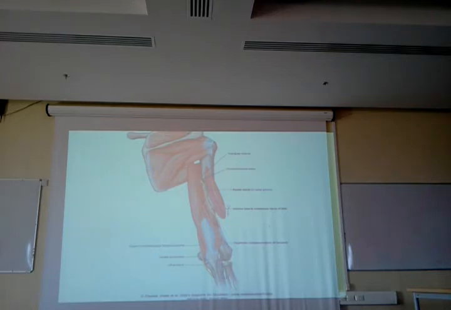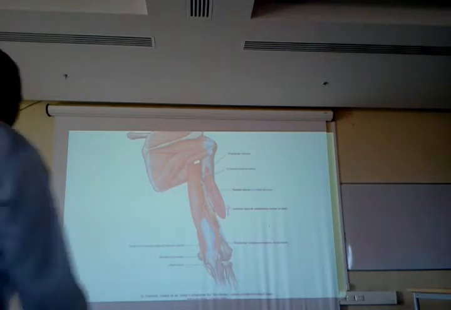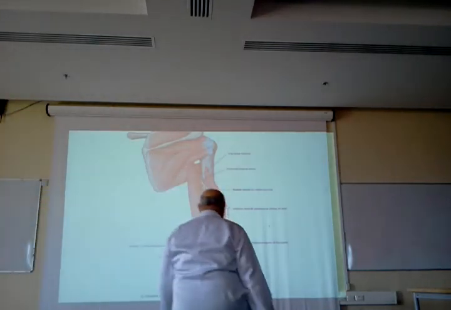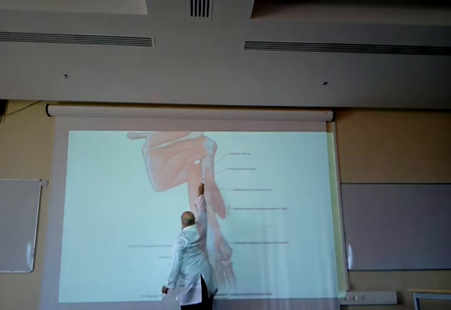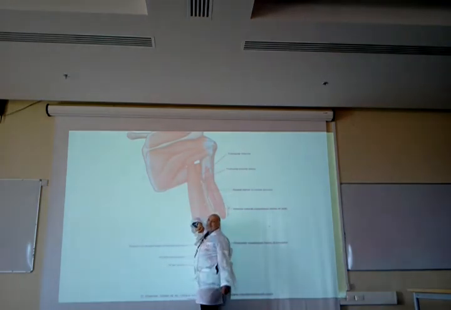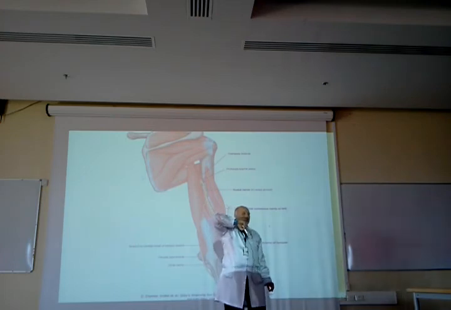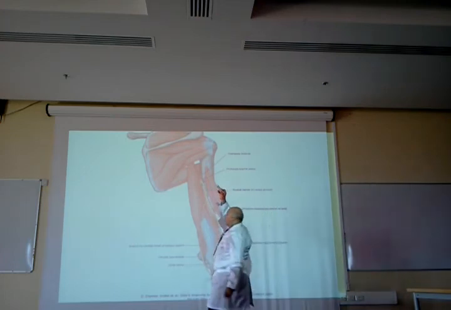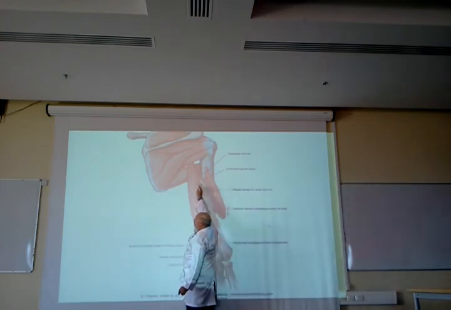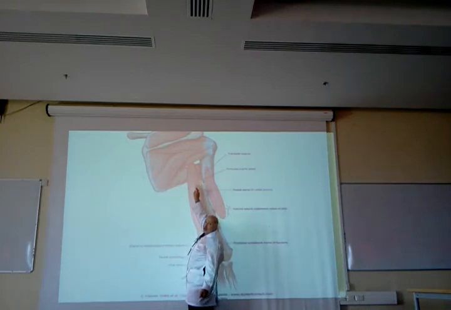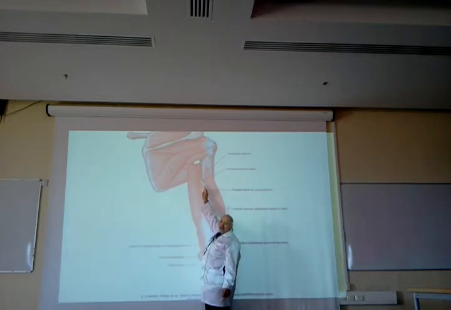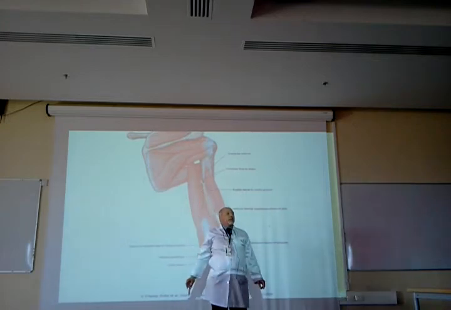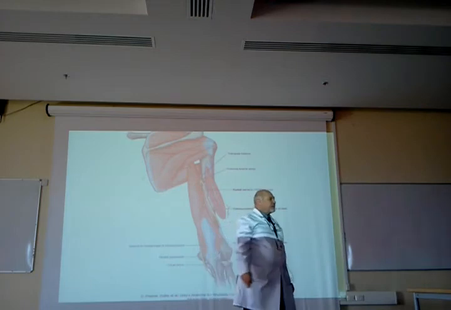If you look here, this radial nerve passes through a triangular space between the teres major above, the long head of triceps medial and the humerus lateral, leaving the axilla behind the third part of the axillary artery.